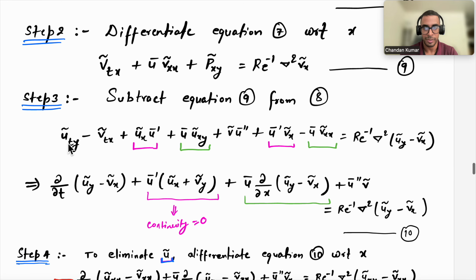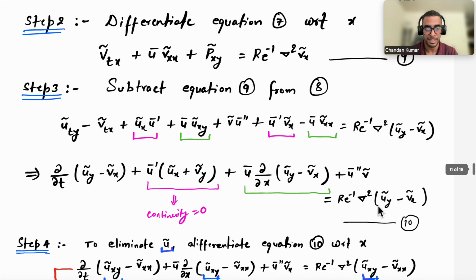So writing this equation further, these terms are combined and shown as a single term, and this pink term is shown over here and this green term is shown over here, and the remaining terms are like this.